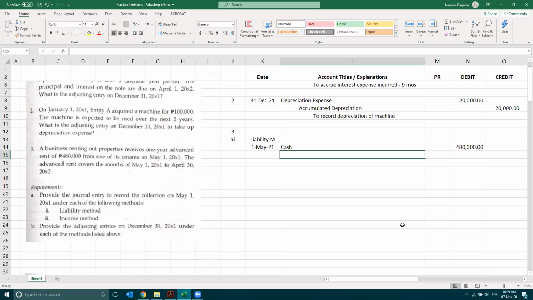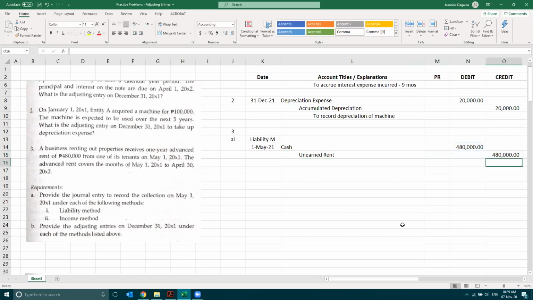Under liability method, you initially record it as a liability. So, the credit is unearned rent, the same 480,000.